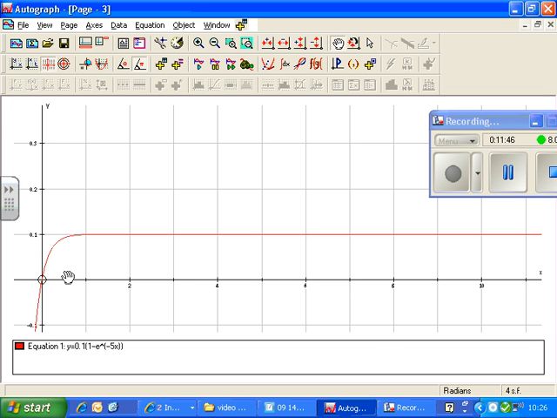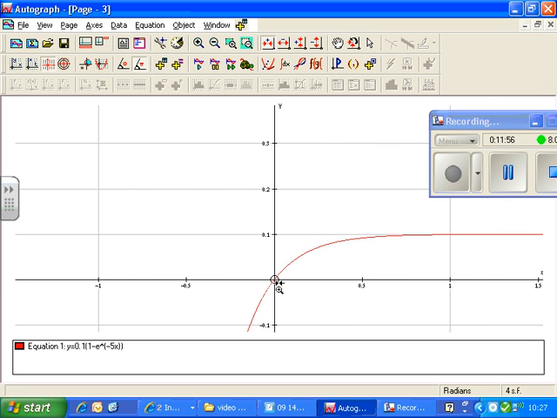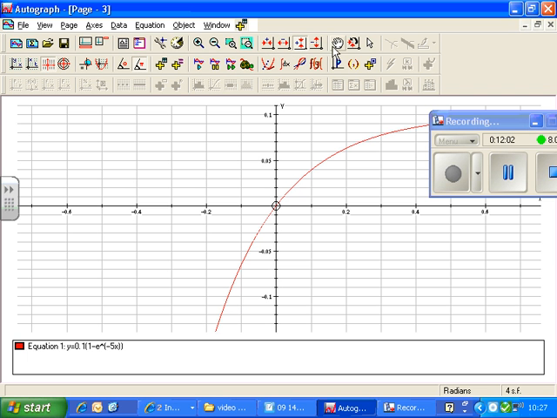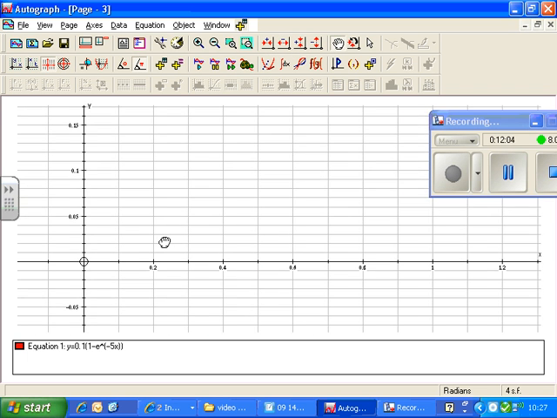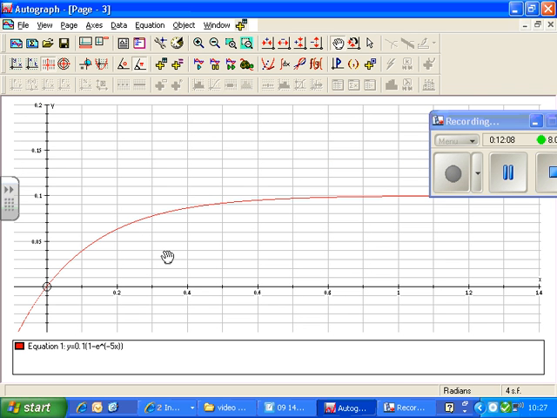We could do with zooming in on the x-axis and seeing what's going on. This is the part of the curve we're interested in, so let's zoom on the x-axis again. Maybe zoom in again on the y-axis and then drag it about, and that tells us how the current is going to behave in this particular circuit.